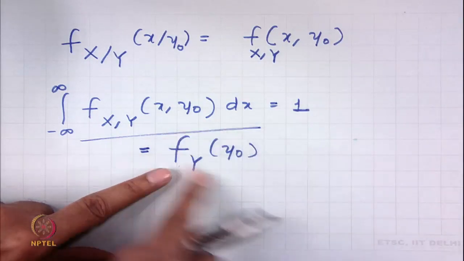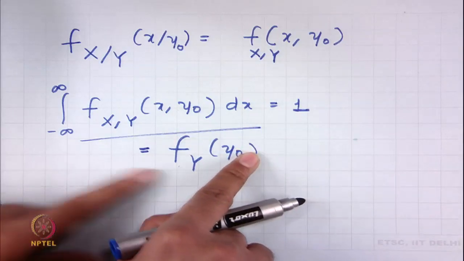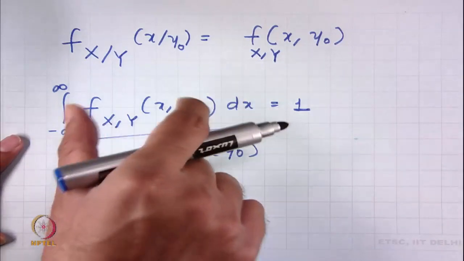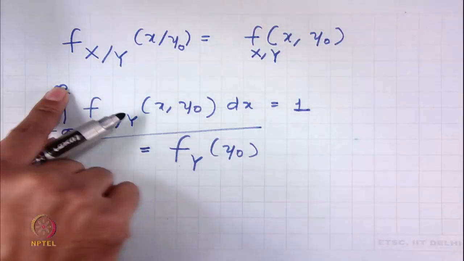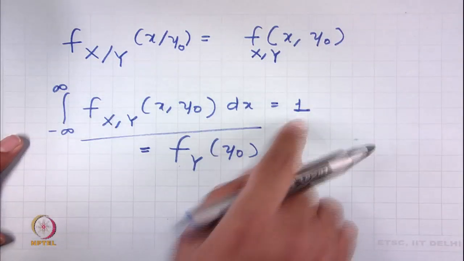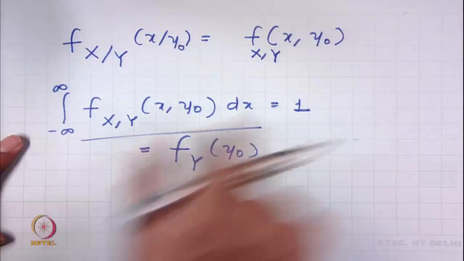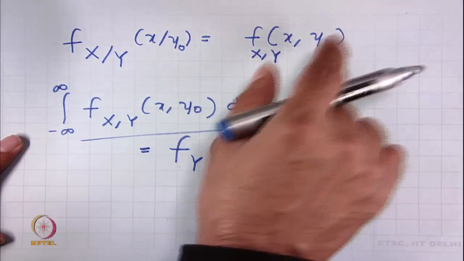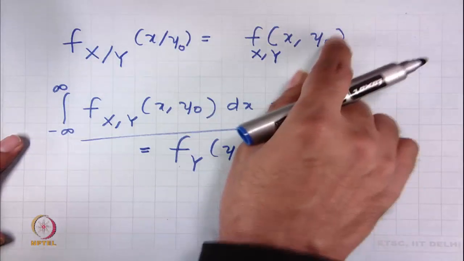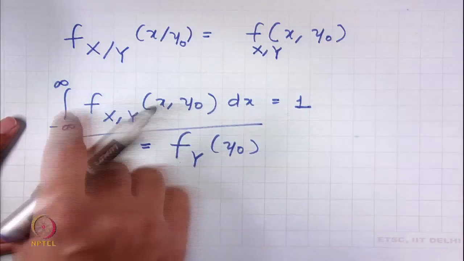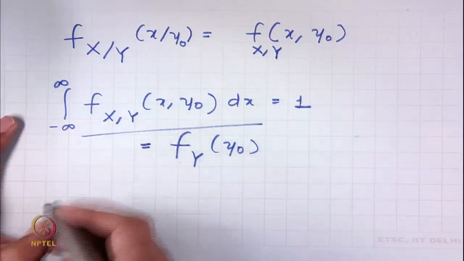So, what we are saying is that if you integrate this PDF from minus infinity to plus infinity, it does not go to 1. So, we have to do proper scaling in this PDF to make sure that the resultant PDF always gives us 1 when it is integrated from minus infinity to plus infinity.